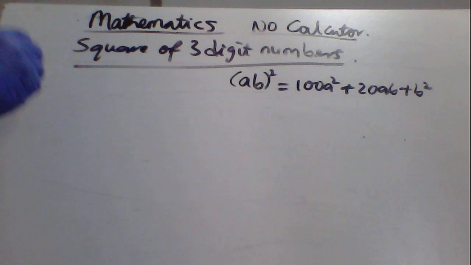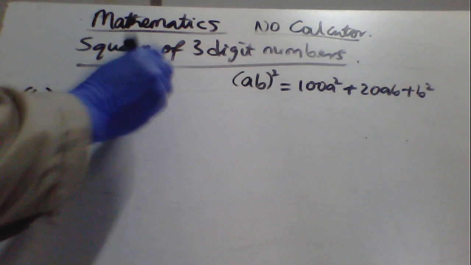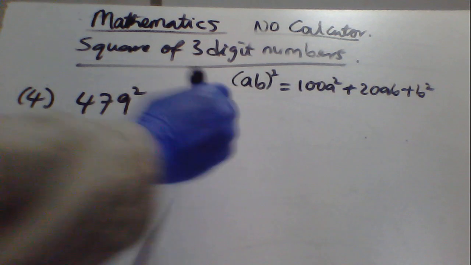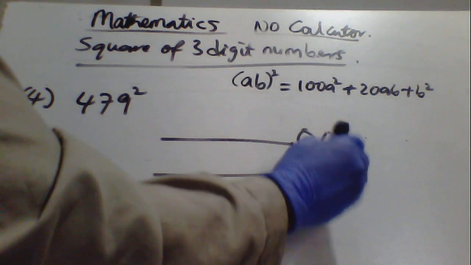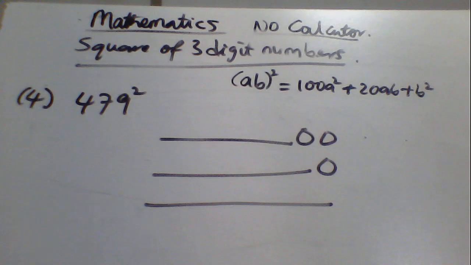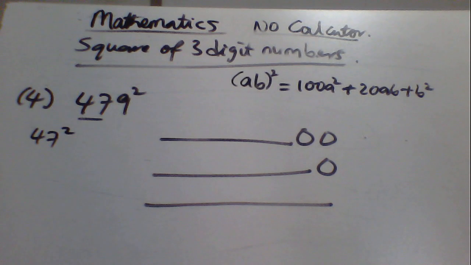In this case, this is example 4. You are given 479 squared. The first thing, like I said, is to draw a line, write 2 zeros. Draw another line, write 1 zero. Draw the last line. So join these two as one. Find the square of 47 using the method we have learned.